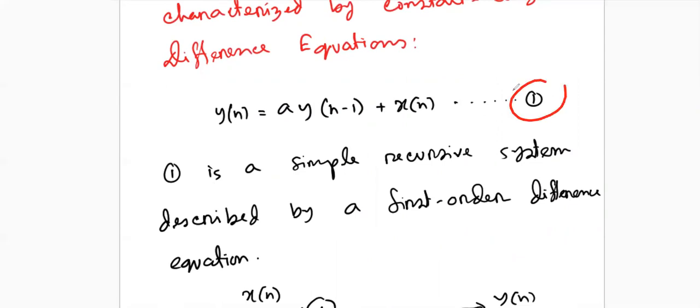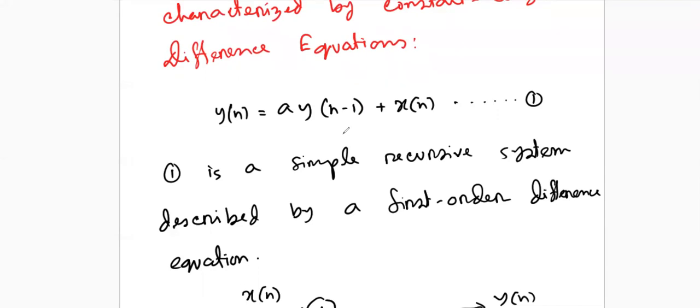Here, this equation number 1 represents a simple recursive system described by a first order difference equation. Why is this first order? How many delay values you have is known as the order of the system. So you have a single delay, so that's why this is a first order system.